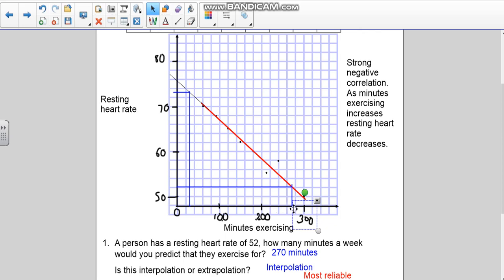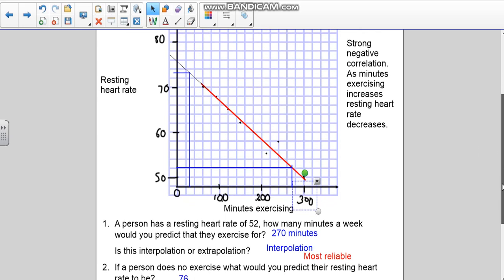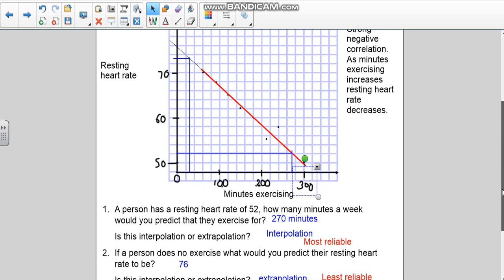Again, this is interpolation because it's between some points here. And just note my line of best fit starts at the lowest point and goes up to the highest point. Our line of best fit should only be for the points we've plotted.